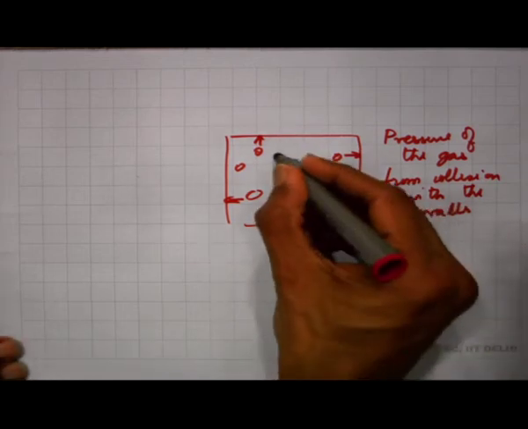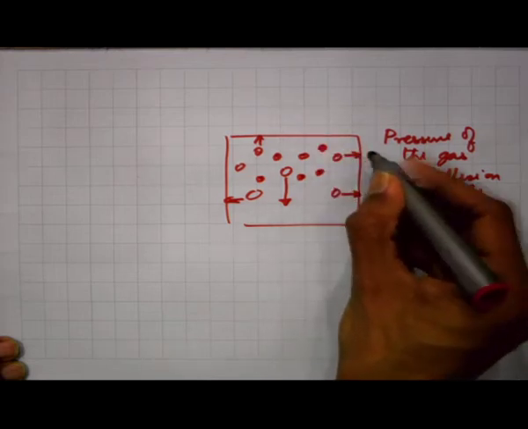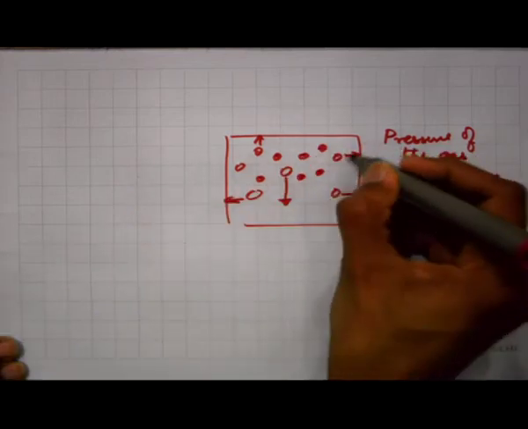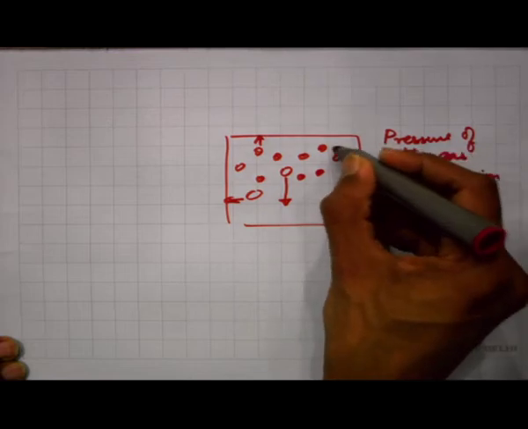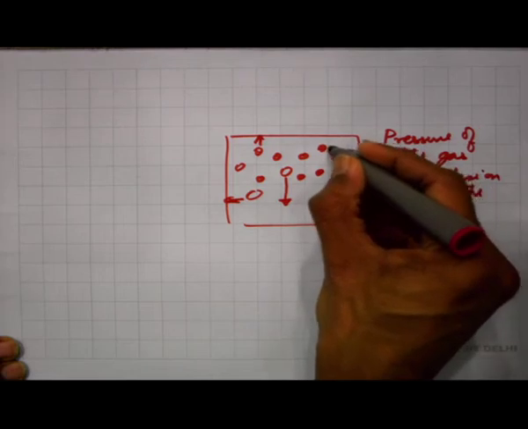If you have molecules around it, when a molecule undergoes a collision with the walls of the container, if you have molecules behind it, these things will attract the molecule.